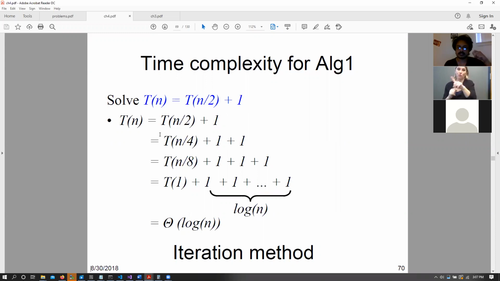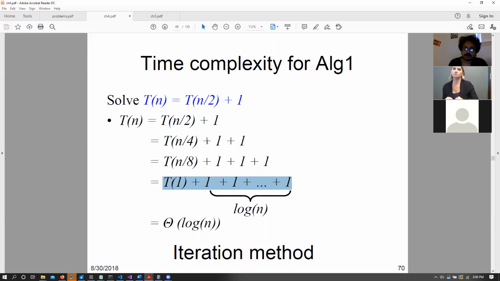Right, because T(n/2) is essentially T(n/4) plus 1, and the entire T(n) becomes T(n/2) plus 1. So T(n/4) plus 1 plus 1, and that is T(n/8) plus 1 plus 1 plus 1, and all the way up to T(1) plus 1 plus 1 plus 1 plus 1, and so on.